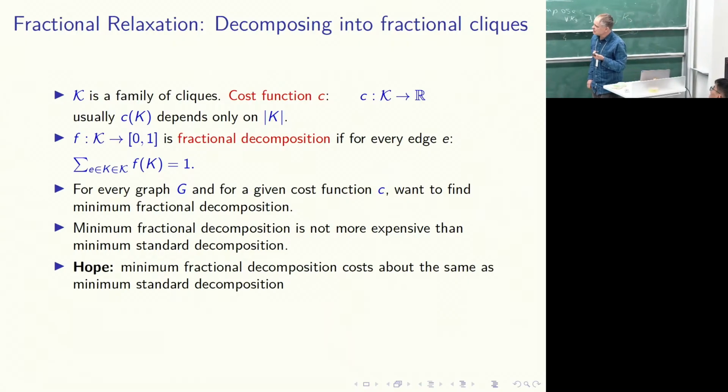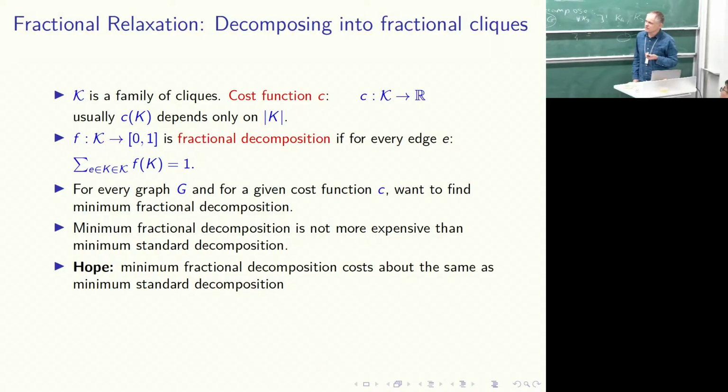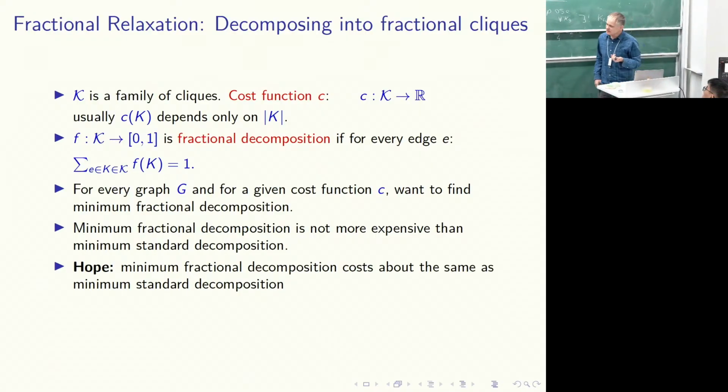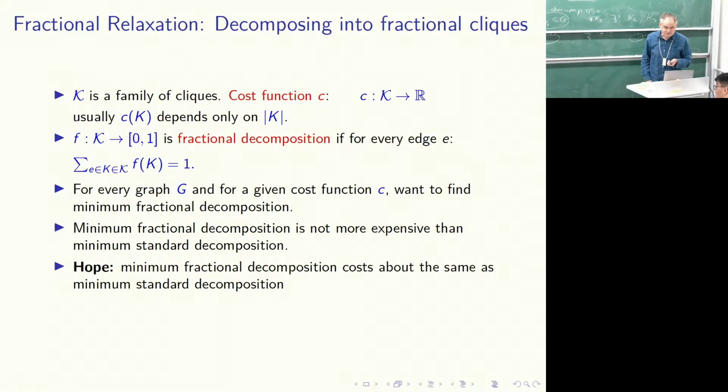If we prove something about the minimum fractional decomposition, we have to hope that it is not much worse than the integer decomposition, but that is not given. Any question on this? I didn't say too many concrete things. I just like to introduce concepts slowly.